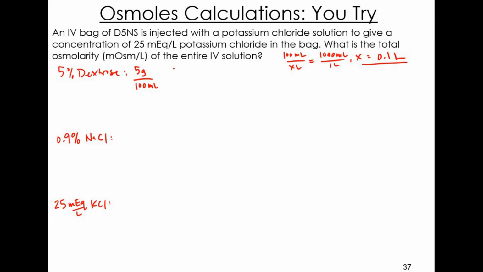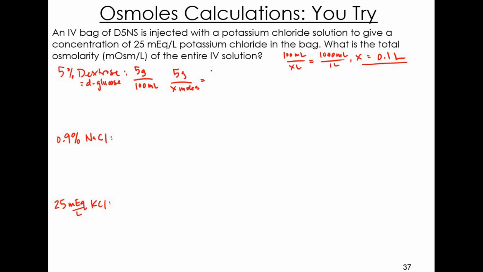So the first place we go is to moles. How many moles is 5 grams? For that we need to know the molecular weight of dextrose. And that's given on the table. Dextrose is actually the same as D-glucose.